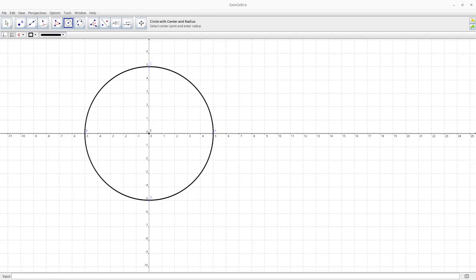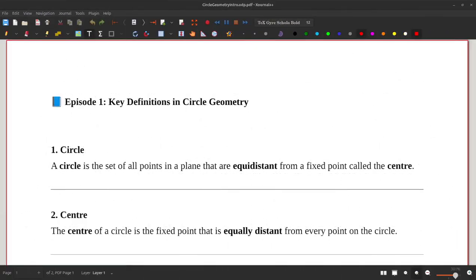Now, the fixed point in the cyclic, the fixed point in our case is point E. It's called the center.